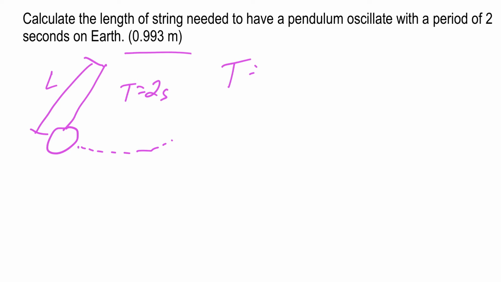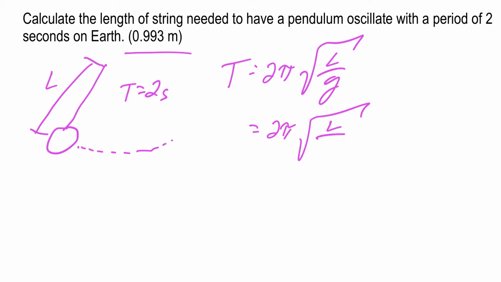So T equals 2 pi. This is the equation for a pendulum, square root of L over g. And we'll just go ahead and sub in the numbers, 2 pi square root L over 9.8, and the T was 2. Okay, why don't we go ahead and do the algebra here? So we're going to go 2, let's divide by 2 pi.